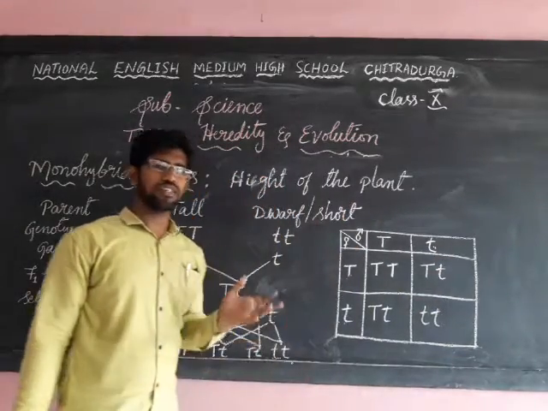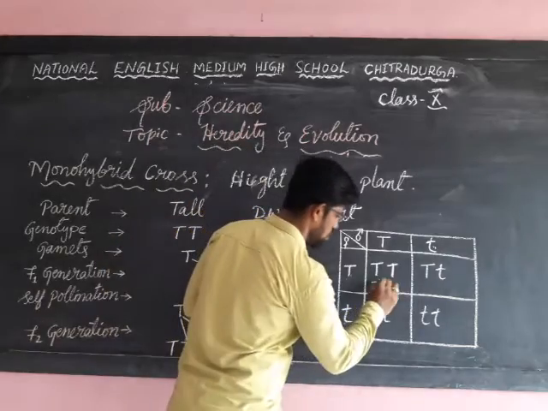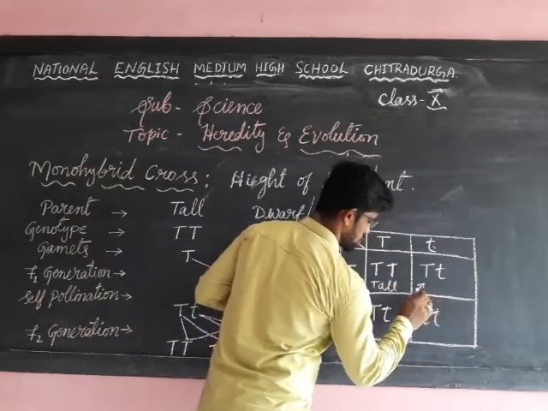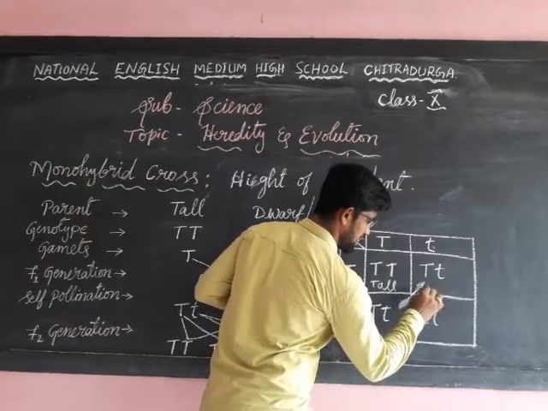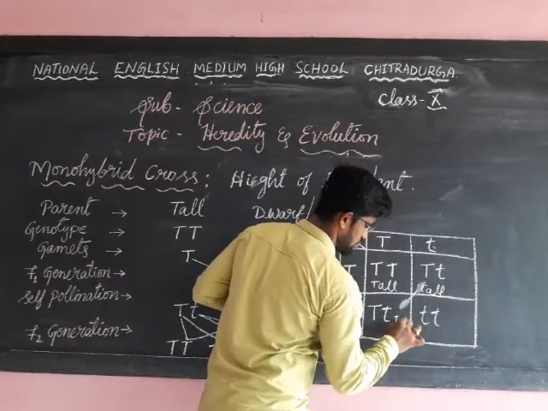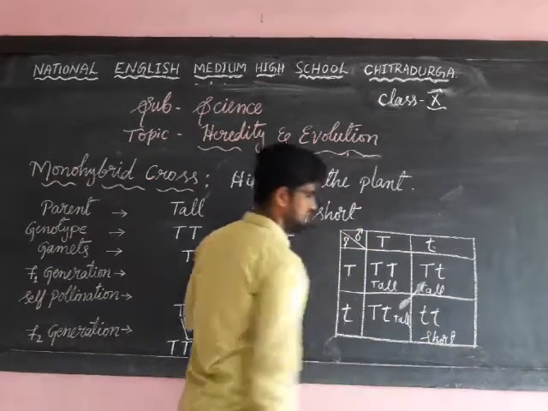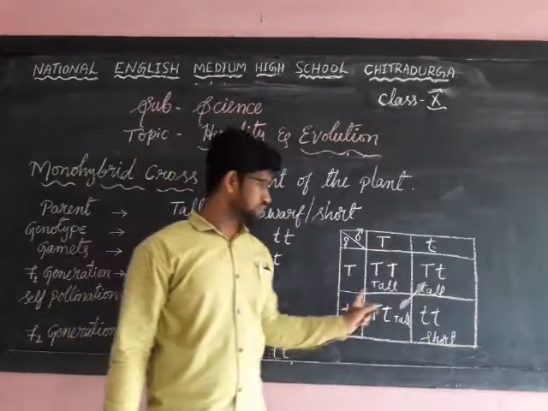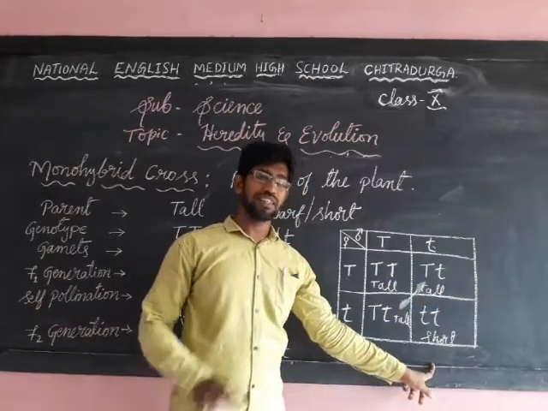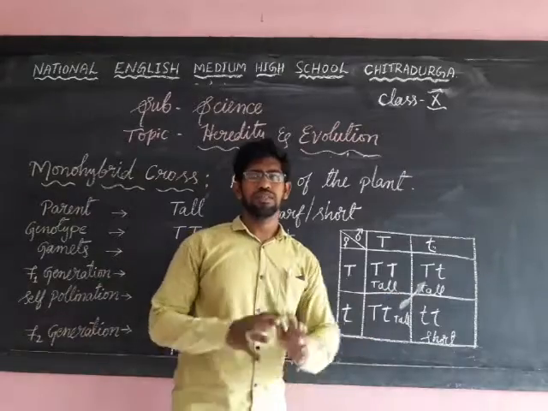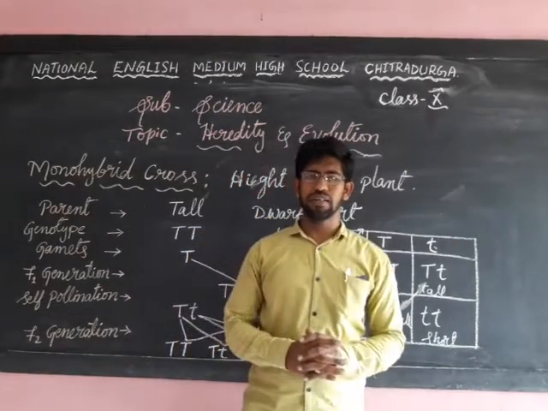So in this checkerboard we get one tall plant, then this one also tall but heterozygous tall, and this one is short. Again we can see that the phenotypic ratio is 3:1, but the genotypic ratio is 1:2:1. So this is all about the monohybrid cross.